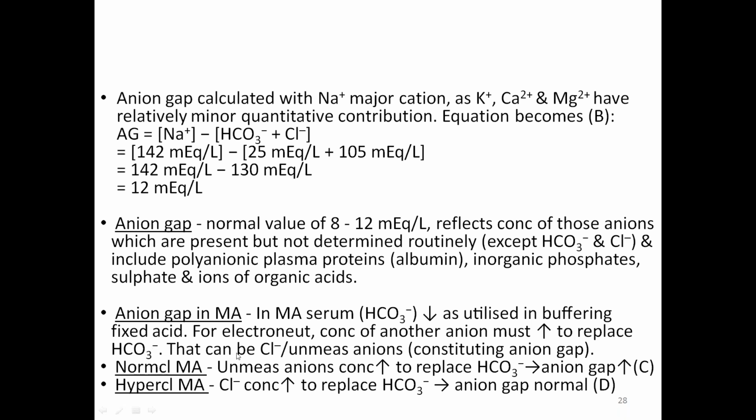That could be chloride or any unmeasured anion, which will constitute your anion gap. Basically, the bicarb ion decreased for the purpose of buffering. So for electroneutrality, some anion concentration needs to go up to balance that, and that can be either chloride or any unmeasured anion.